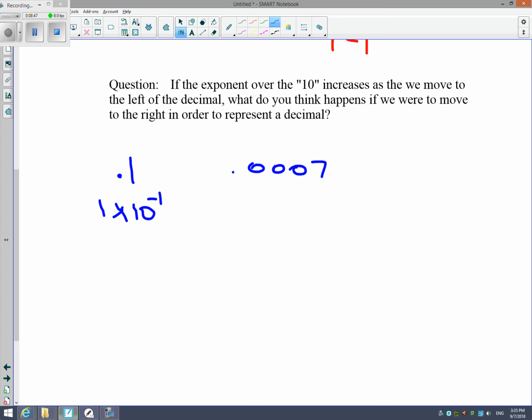We are going to be moving 1, 2, 3, 4 columns, and that's going to be 7 times 10 to the negative 4. Because you're actually showing this column is the one you're working on, and you're going to put that decimal right there.